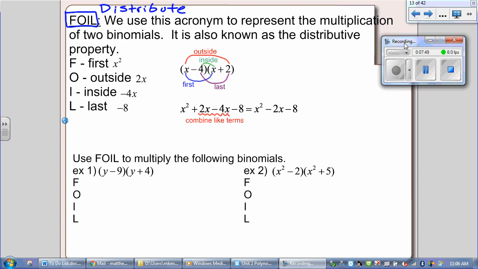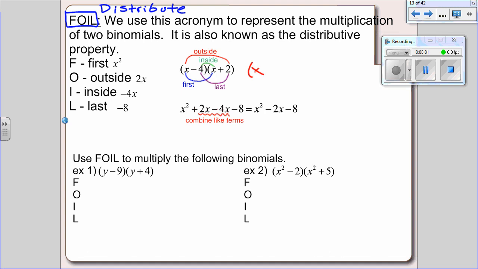So if you're distributing with binomials, the reason why it's a little bit harder is you take your first binomial, this x minus 4, I'm just going to rewrite it here for a second, and then your x plus 2. And now, because the first thing is a binomial, you have 2 things you have to distribute into the other brackets.